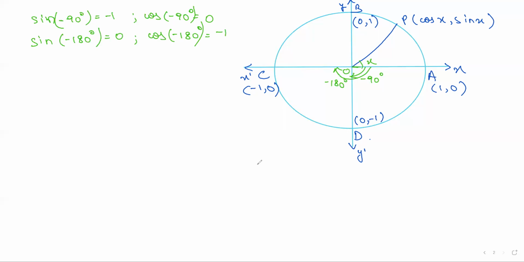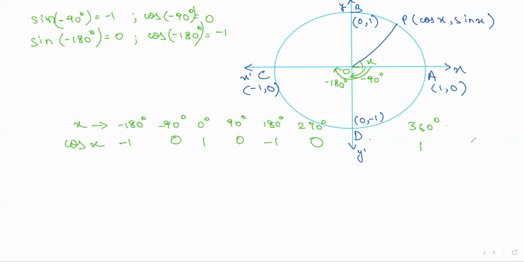So if someone would have started with minus 180 degree for the cos value angle, x equal to minus 180 degree, progressed to minus 90 degree, then 0 degree, 90, 180, 270, and then back to 0, which is 360 degree, then your x value varies from minus 1, 0, 1, 0, minus 1, 0, 1.